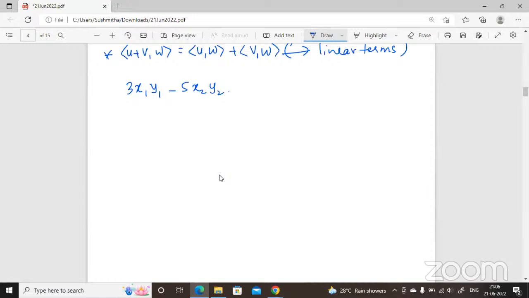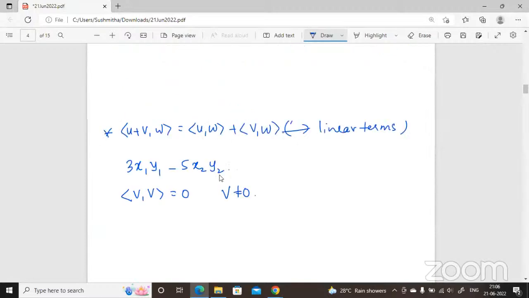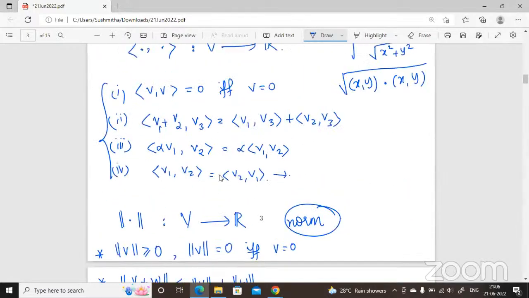Can you quickly give me a vector whose inner product with itself is 0 but v is not equal to 0? Are we missing out on any condition on inner product?